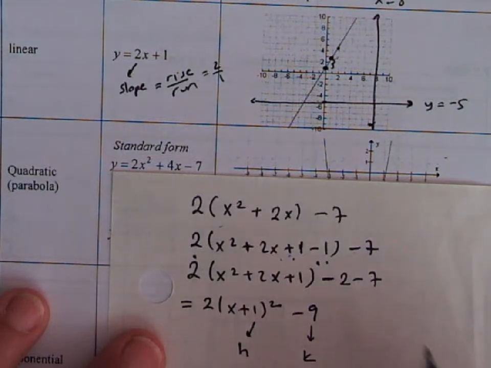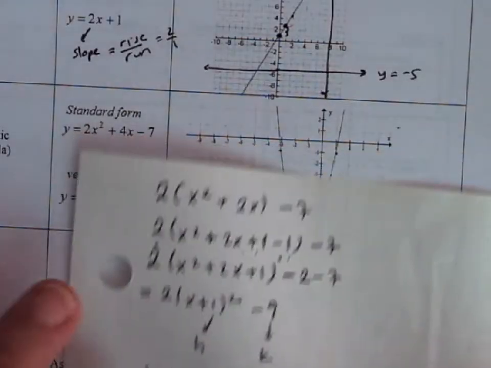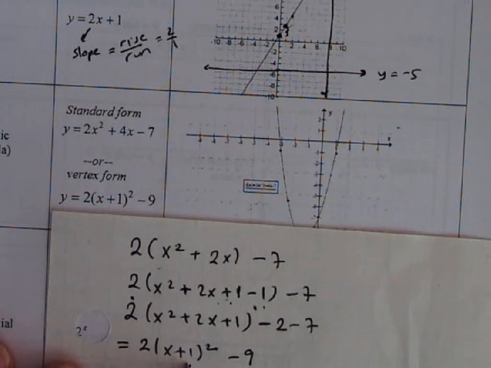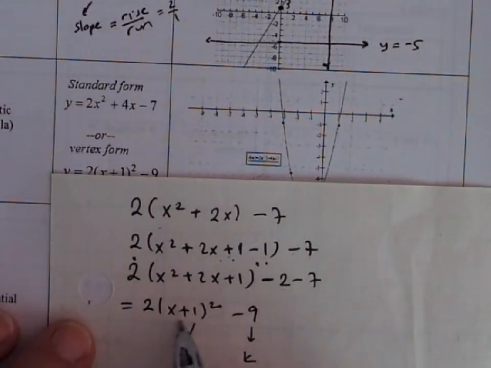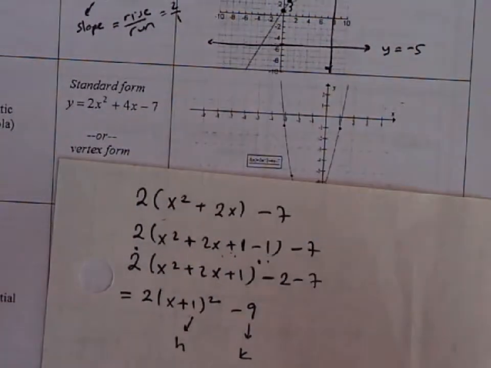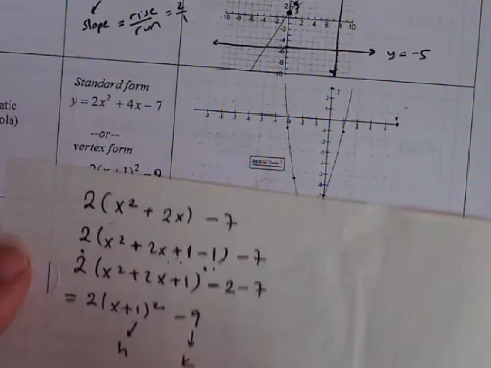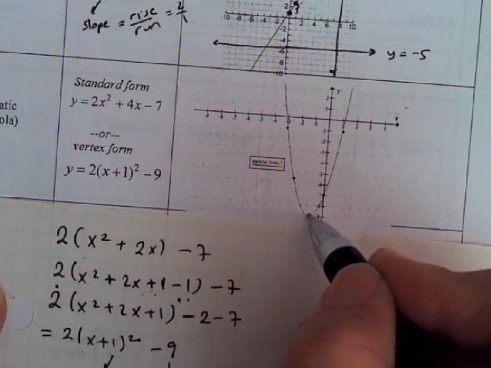So first you place the vertex in the grid. In this case, the vertex is negative 1, negative 9. Don't forget, if it is plus 1, that gives you negative 1 for the x-coordinate of the vertex. So you place that, negative 1 and negative 9.